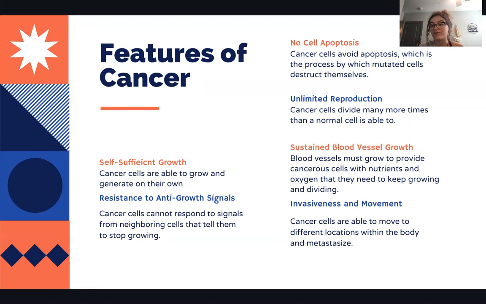However, cancer cells do not go through cell apoptosis in the same way that normal cells do. So there's no regulation. They can keep dividing and growing in an unchecked manner, which normal cells would not be able to do. This can lead to unchecked cell growth and eventually give rise to cancer.